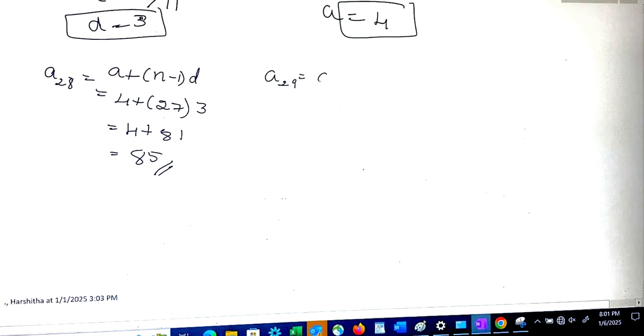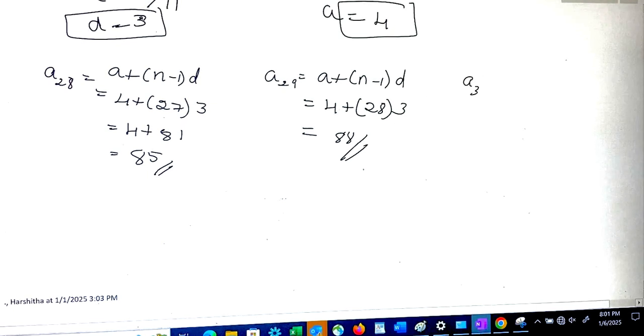Now A29: a plus (n minus 1)d. That is 4 plus n minus 1, which is 28, and d is 3. So the A29 value will become 88.